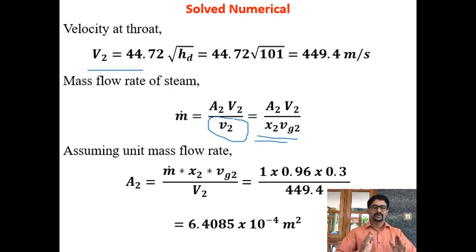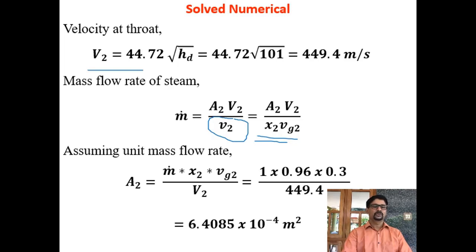Whenever it is wet steam, if you know the dryness fraction, the specific volume of wet steam is nothing but x Vg. So for point 2, v2 is equal to x2 Vg2. Suppose it is section 3, v3 is equal to x3 Vg3. That is how you have to find out.